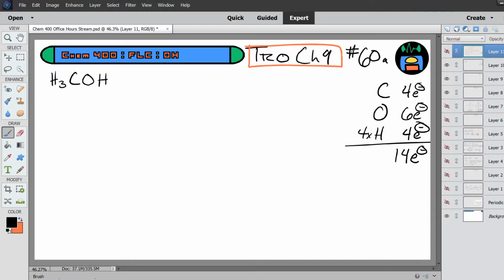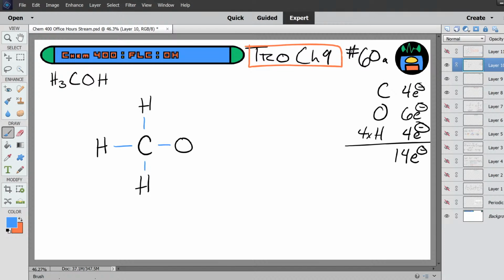So we're still starting with carbon in the center. But we can only attach 4 atoms to our central atom. This is going to spend 2, 4, 6, 8. 14 minus 8 is 6.